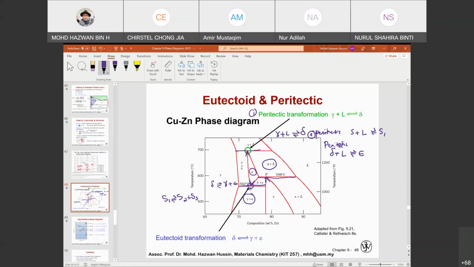Okay, so any other things that you can see from this phase diagram? Anything that you think you can discuss? Let me ask Izzat Nazri. Izzat ada? Okay, Izzat. Apa lagi yang kita boleh nampak daripada phase diagram ni?